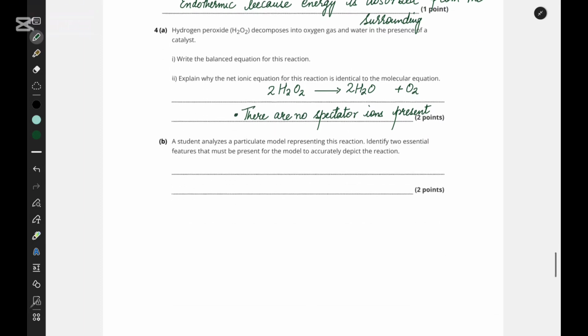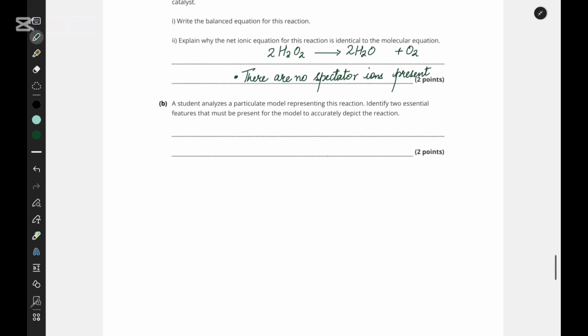A student analyzes a particulate model representing this reaction. Identify two essential features that must be present for the model to accurately depict the reaction.